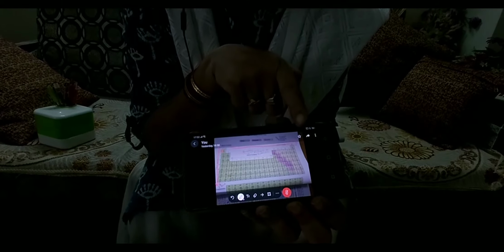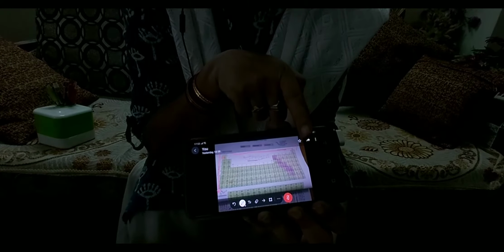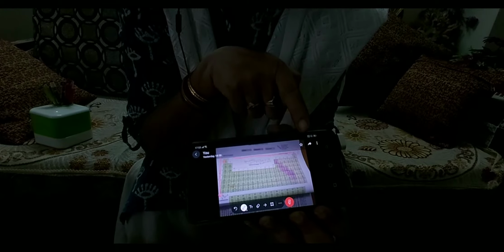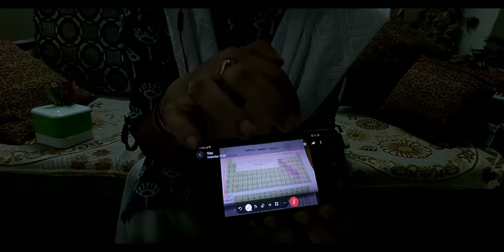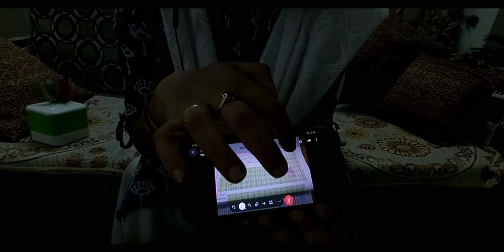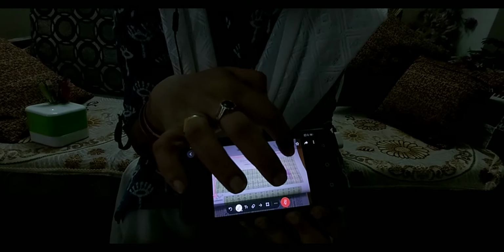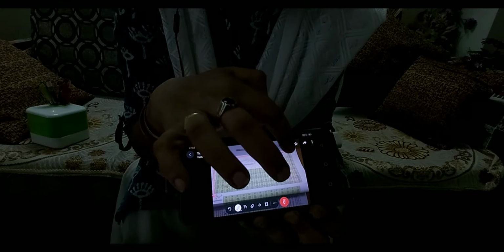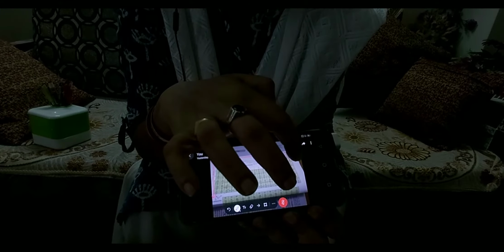Now, if you come to the extreme right of the periodic table, it is called as group 18. You are able to see that there are some elements like helium, neon, argon, krypton.